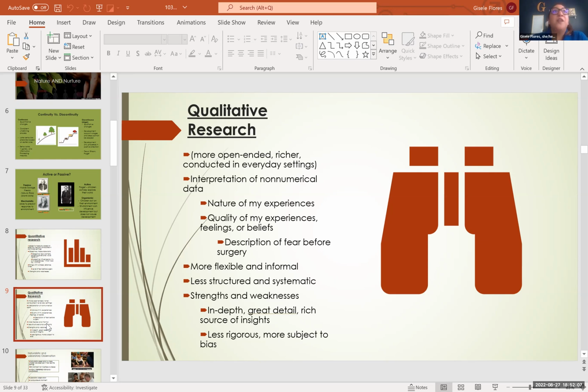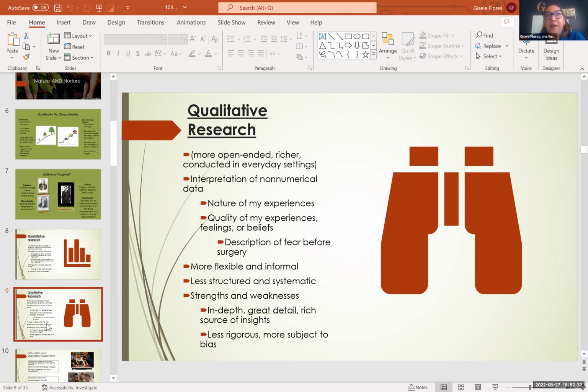You could go and observe a child at a playground, or go and observe a classroom setting. You don't need to control the variables. It's also our interpretation of non-numerical data. So we're looking at the nature of the experiences instead of the quantity of the experiences. Also looking at the quality of the experiences.